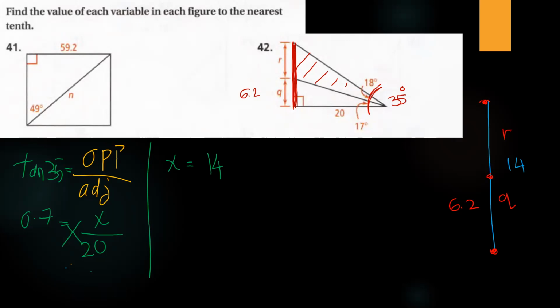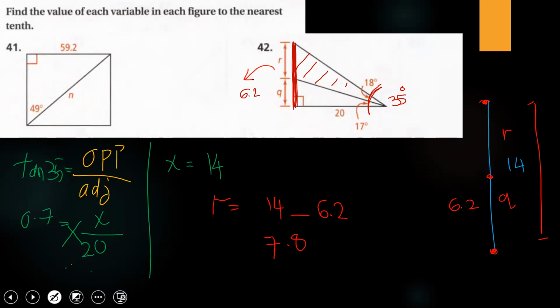What is R here? This 14 is from up to down. The length of Q is 6.2, so what will the length of R be? 14 minus 6.2, which is 7.8. Bravo. So the length of R is 7.8.